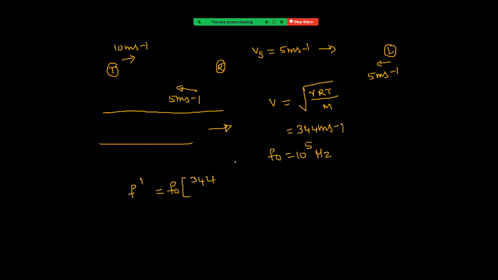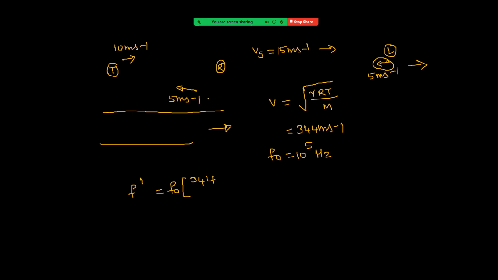Just a minute, what have we taken? Wait. Wind is blowing towards the left side. Okay, we have taken something wrong here. That means the velocity of the source becomes 10 plus 5, 15, and the velocity of the receiver becomes 5 meter per second, on the right side, because wind blows opposite to the river flow.